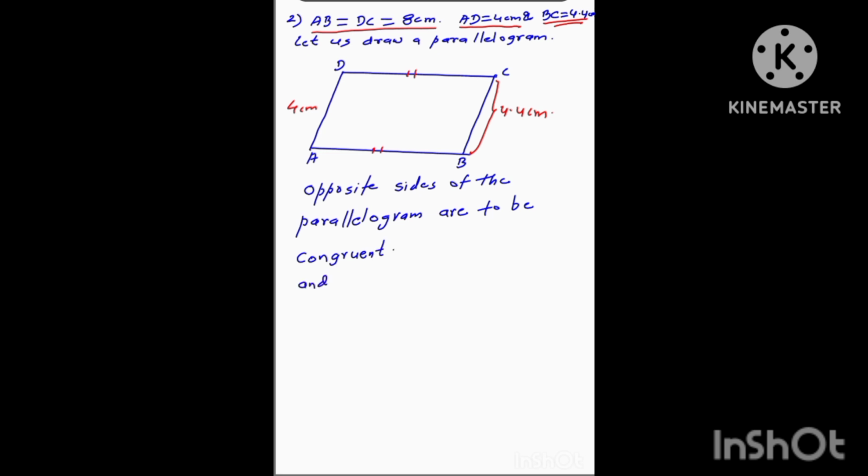But in this case, AD is not equal to BC because AD is 4 and BC is 4.4 centimeters. Hence, this type of parallelogram is not possible. That is, the parallelogram cannot satisfy the conditions. Okay. So write not possible. Okay. And think on it.